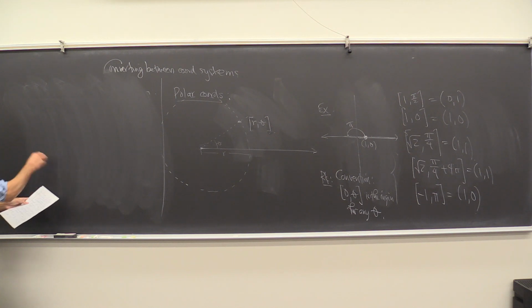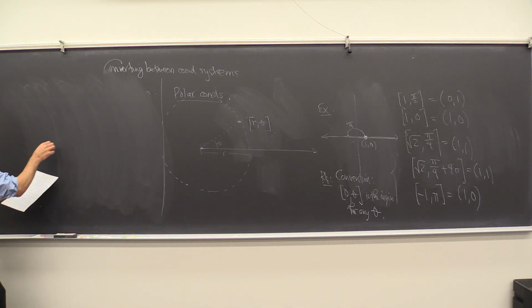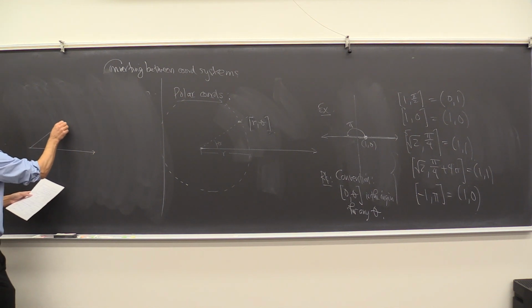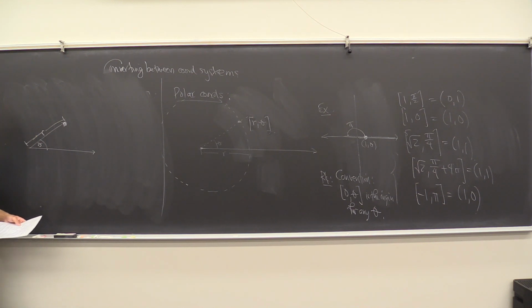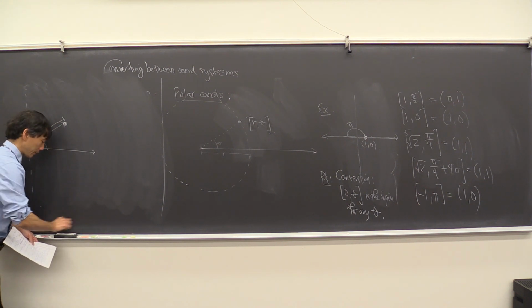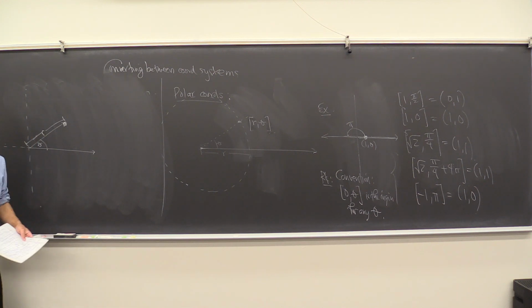Okay. So suppose we have a point, and here's our point. This is our angle theta, and this is our length, our radius r. And we want to know what this point is in the Cartesian coordinate system.